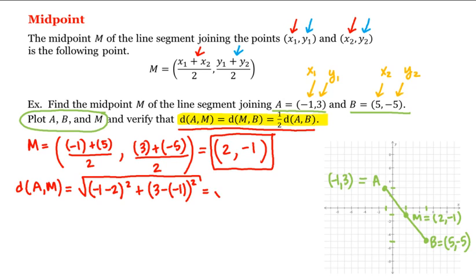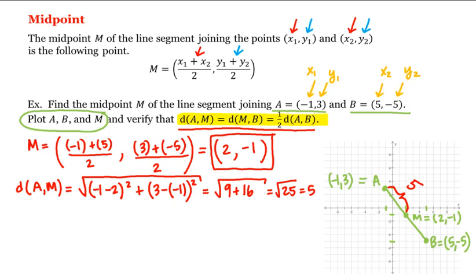This is the square root of -1 minus 2 is -3, and -3 squared is 9, and then plus 3 minus -1 is 4, and 4 squared is 16. So this is equal to the square root of 25, which is 5. That is, looking over here, this distance between A and M is 5.